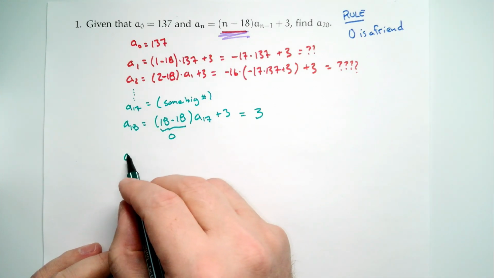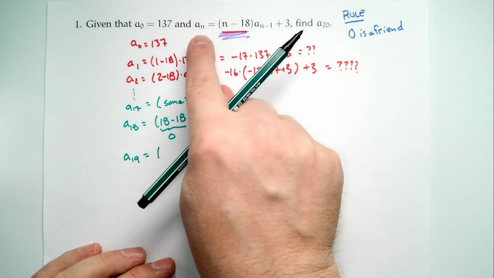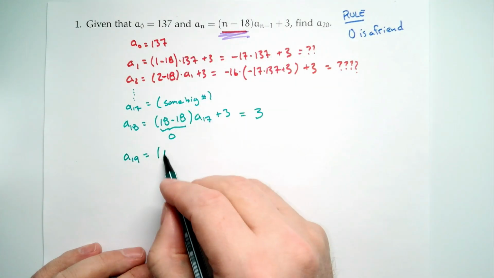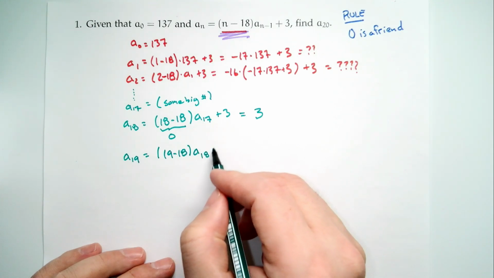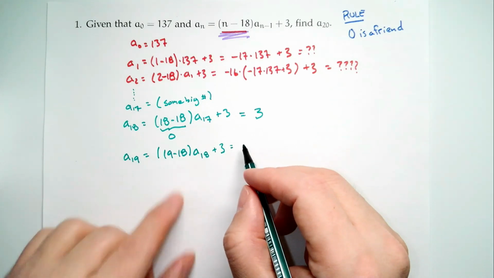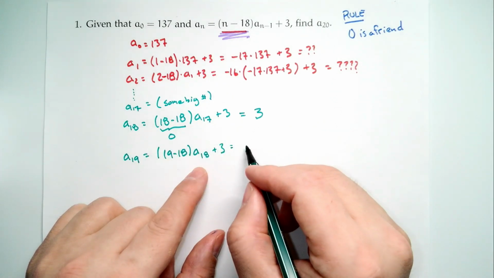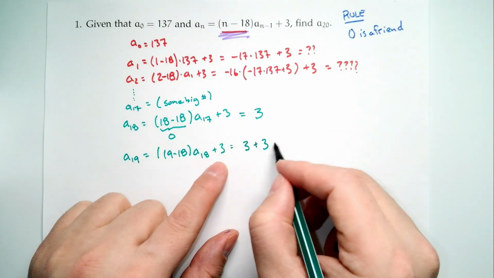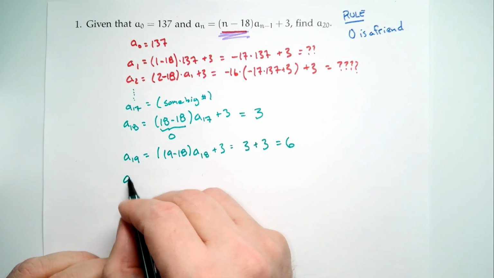So how about A19? According to the rule, that's when n equals 19. So 19 minus 18 times the previous number plus 3. Well, that's 1 times the previous number. The previous number is 3, plus 3 equals 6. These are numbers I can work with. How about A20?